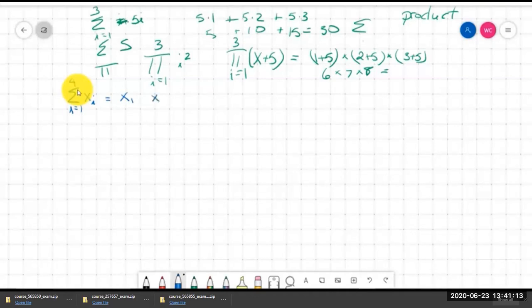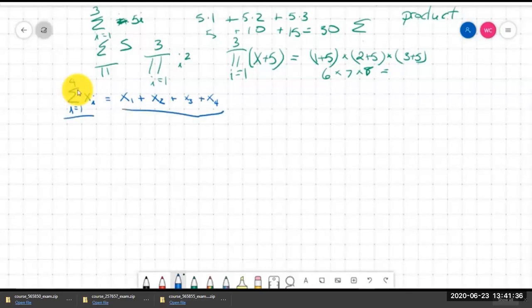Then i equals 2, so we get x2. Then i equals 3, we get x3. And then i equals 4, we get x4. Because it's sigma, we put in plus. So that is what this means.